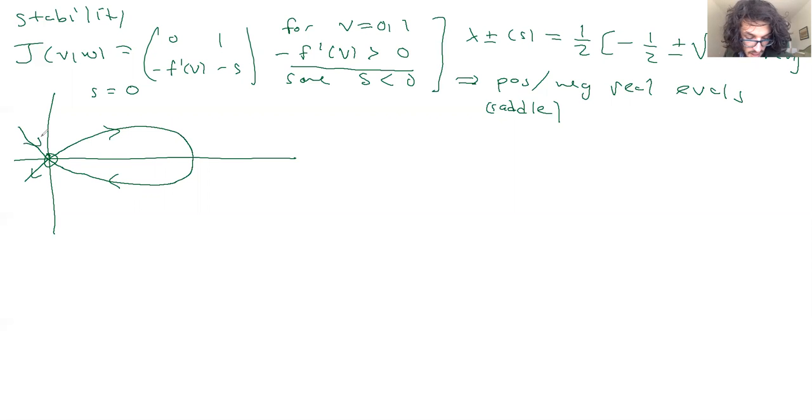You have a center right here. And I'm going to call this piece right here Mu. That's our unstable manifold. And so this is at 0, this is at A, and this is at 1.